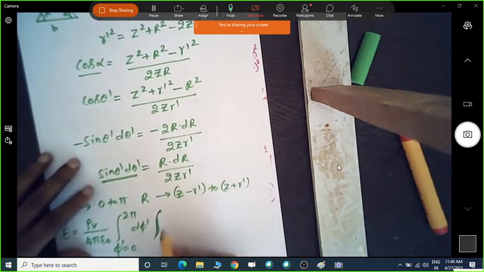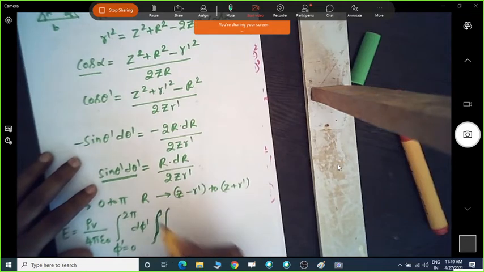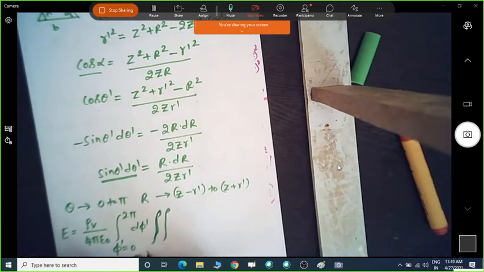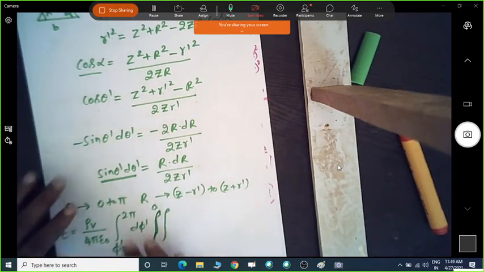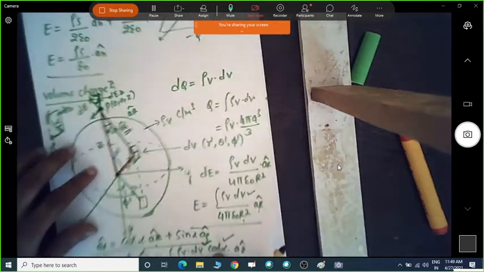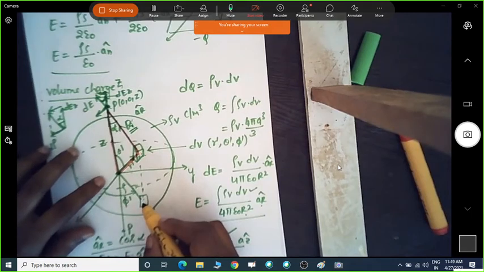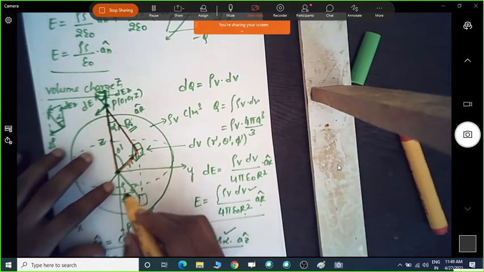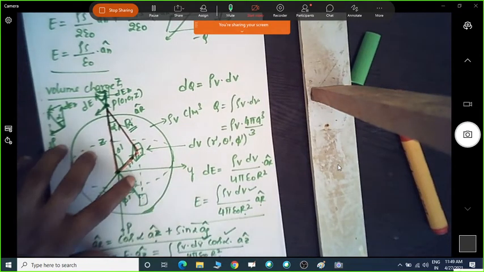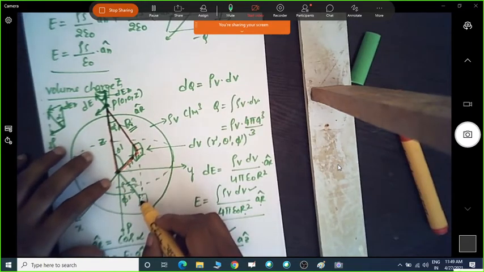So in this integral, r dash varies from 0 to a, that is the sphere of radius a, which we can represent as rho equal to a, the radius.